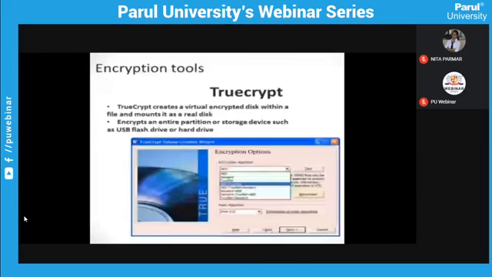It encrypts an entire partition on your hard disk, such as a storage device, and ensures that your data is secure. So you may explore this TrueCrypt tool. It is available on the internet.